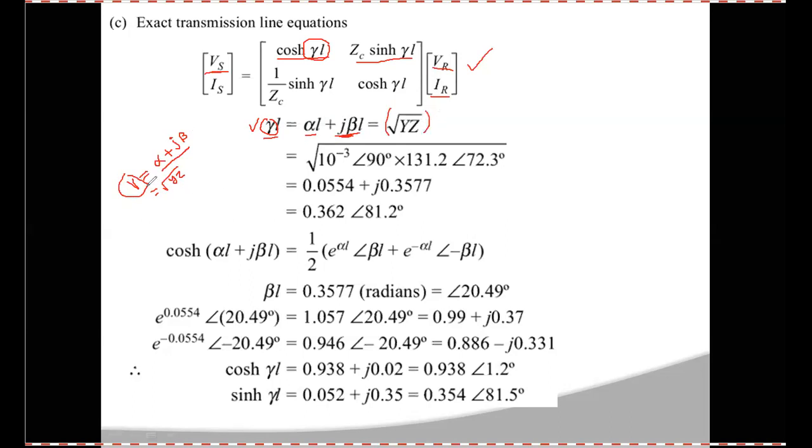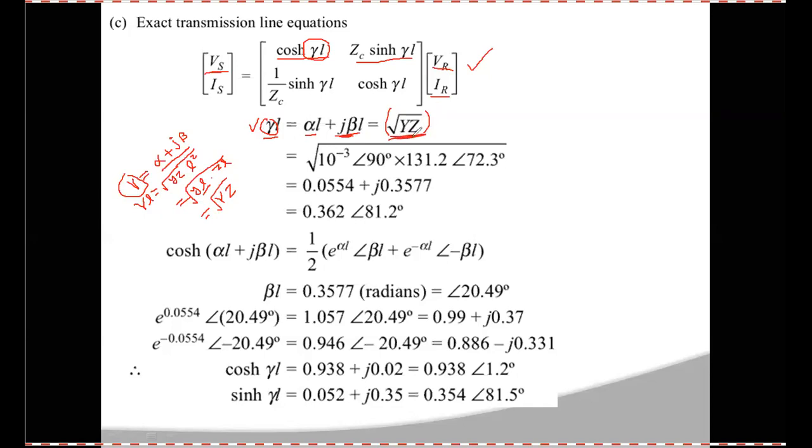As you know, gamma is root yz, so gamma L is equal to root of yz into L squared, which is root of small y into L, into small z into L. Small y into L can be written as capital Y, the total admittance, and small z into L can be written as capital Z, under the square root.